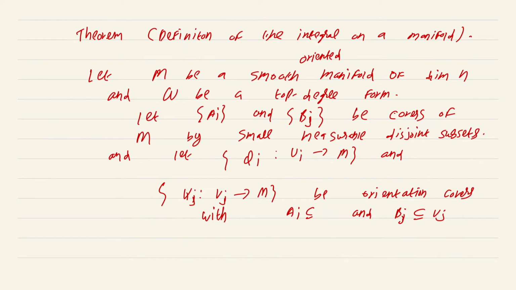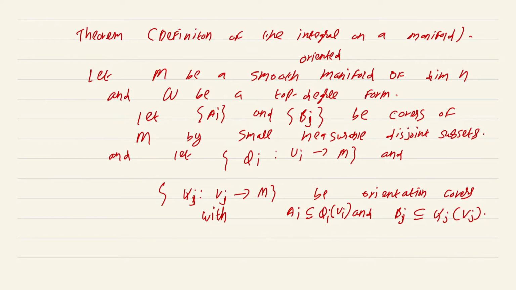This is phi. Of course, it cannot be in U_i, psi_j of V_j, because A_i's and B_j's are on the manifold and U_i's and V_j's are on Euclidean space. There was no way that the previous thing could have been true. Of course, it's possible because our manifold could also be in R^n.